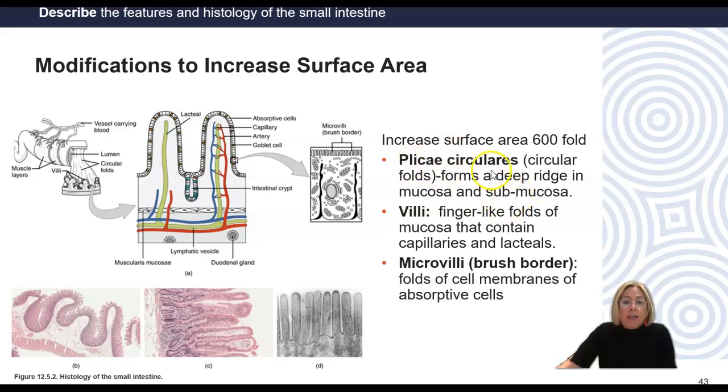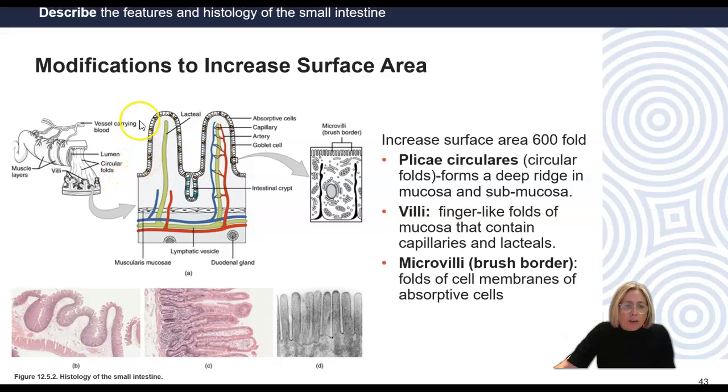We have plicae circulares, which are also known as circular folds, much easier to pronounce. If we zoom in on these circular folds, we end up looking at something that looks a little bit like this. These circular folds form a deep ridge in the mucosa and submucosal layers.